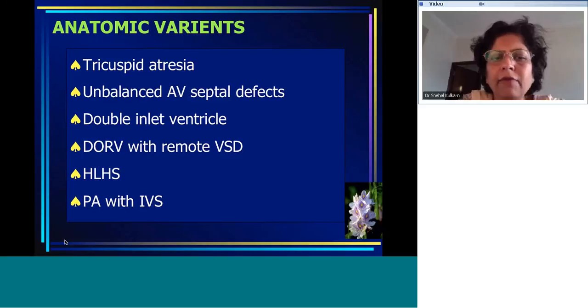Second, we have a situation called an unbalanced AV septal defect. Your alignment of the AV septum to the ventricles is such that one ventricle is big because the common AV valve is aligned more towards one of the ventricles. That always happens towards the right side.